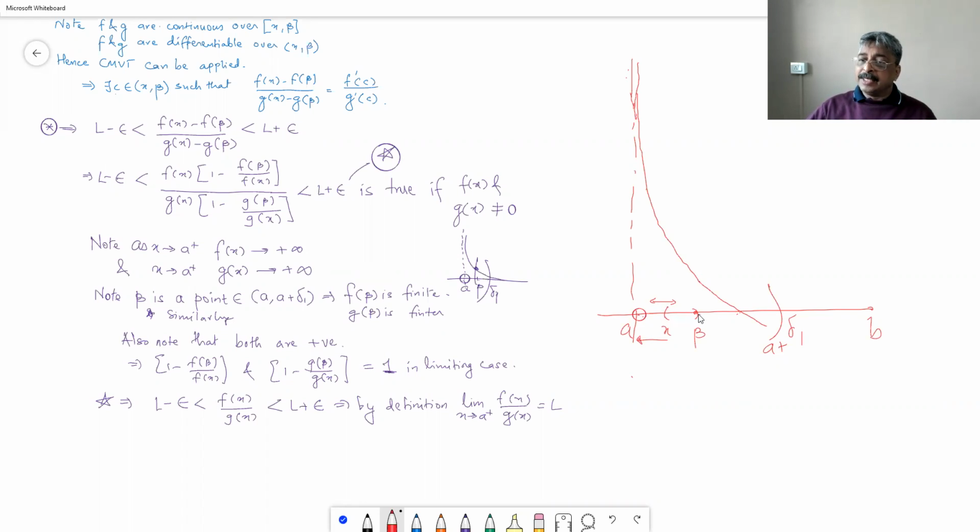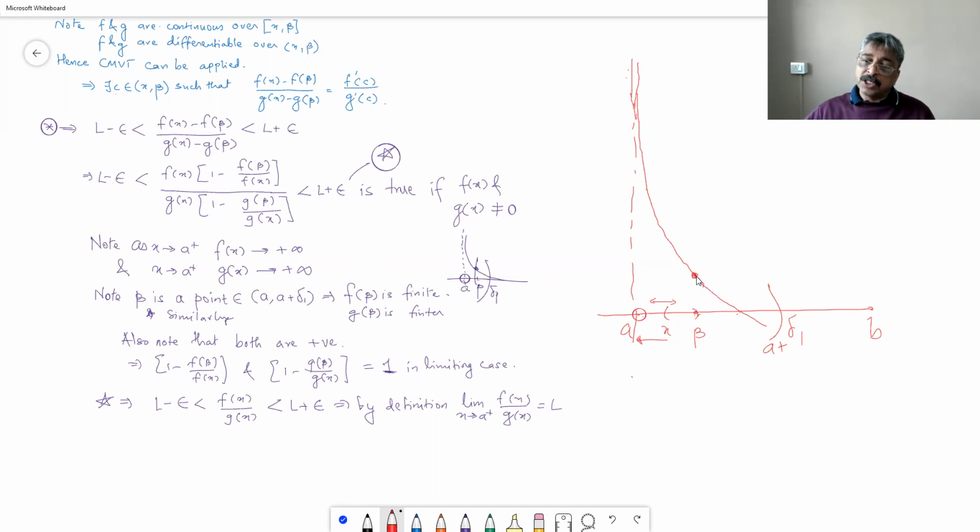And beta is definitely a fixed point which you can choose, where f of beta or g of beta is not equal to 0 and it is a positive number, right? So from beta to a, you are choosing x in between, and we can ensure that the function is not going below the x-axis.